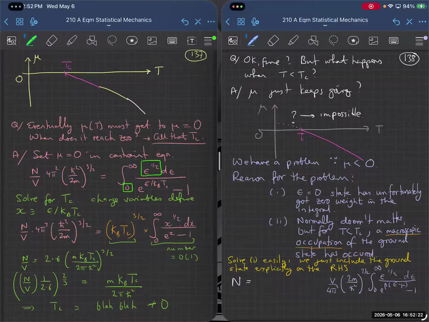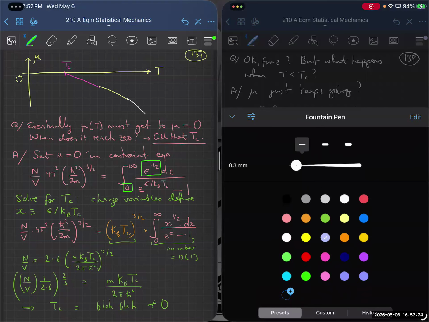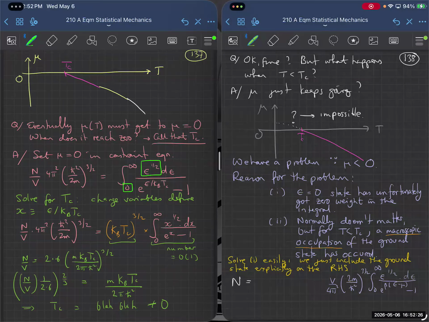And now we've realized, oops, we forgot about the ground state. So let's put in the ground state. The ground state is when epsilon is equal to 0, so that number is 1 over e to the minus beta mu minus 1. That's the contribution from the ground state, and the other contributions from the excited states are given in blue.